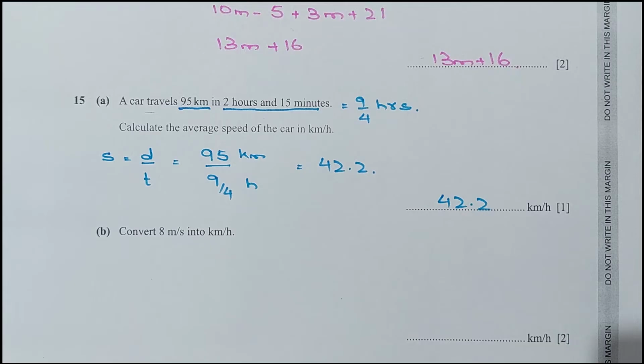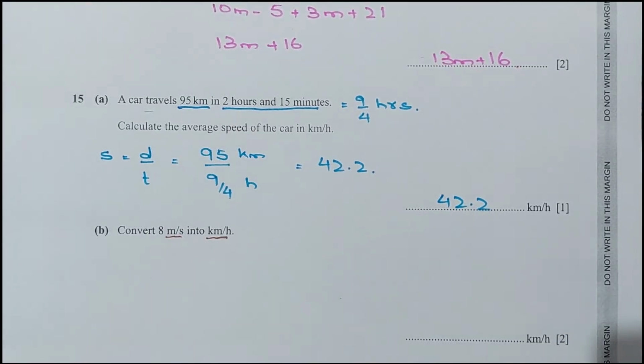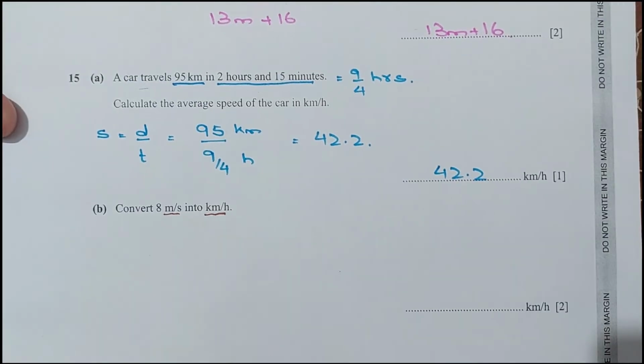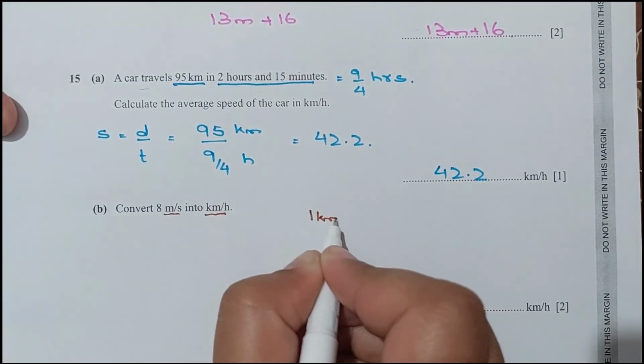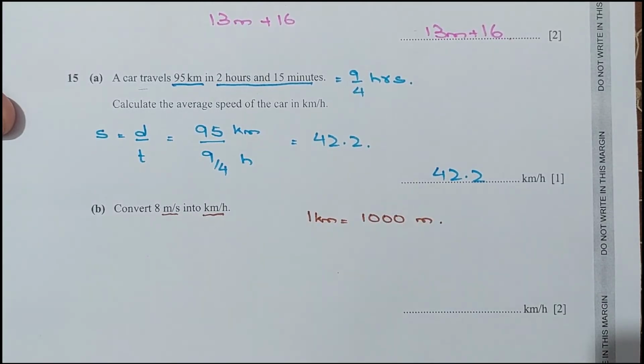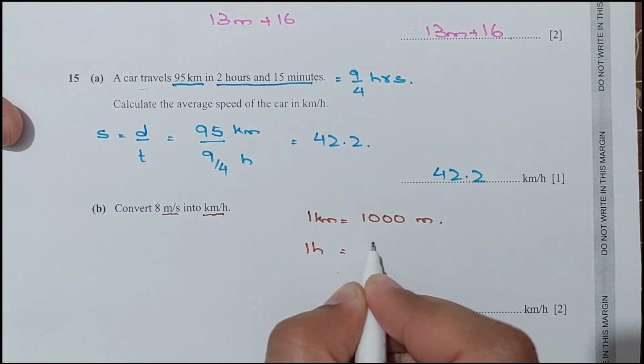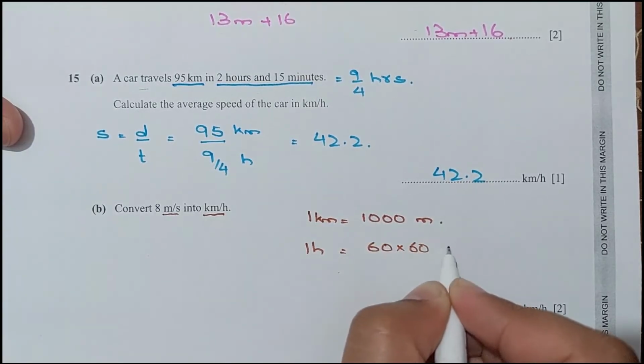Now for the second part, we convert 8 meter per second into kilometer per hour. Use the conversion that 1 kilometer is equal to 1000 meters, and 1 hour has 60 times 60 seconds.